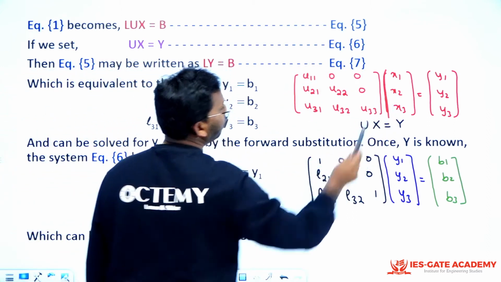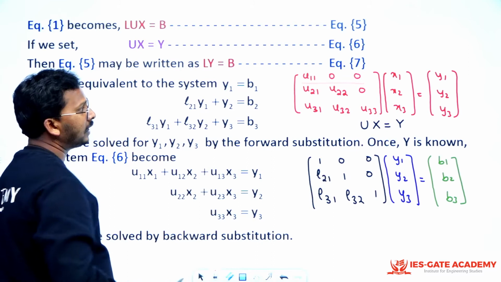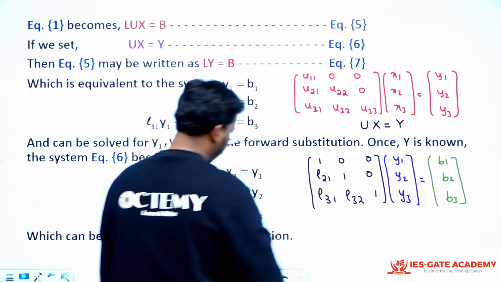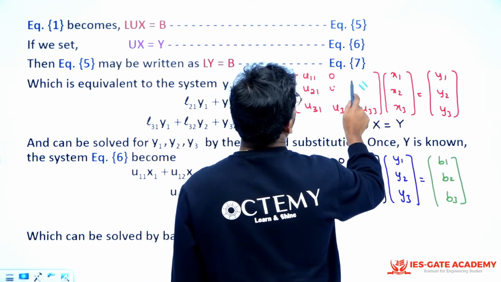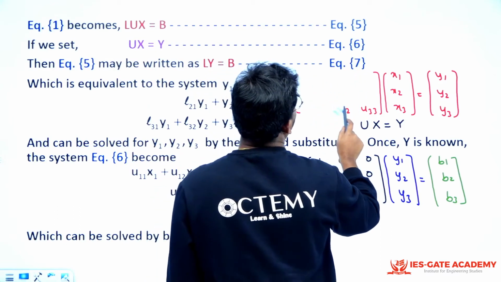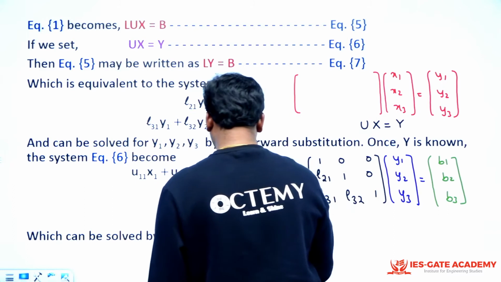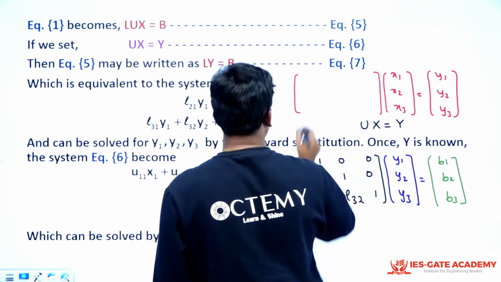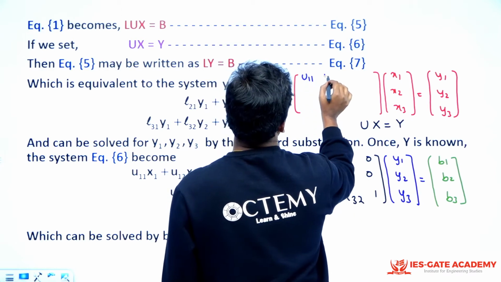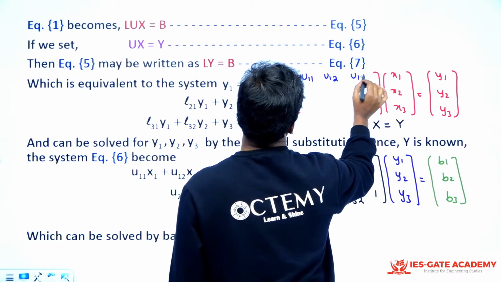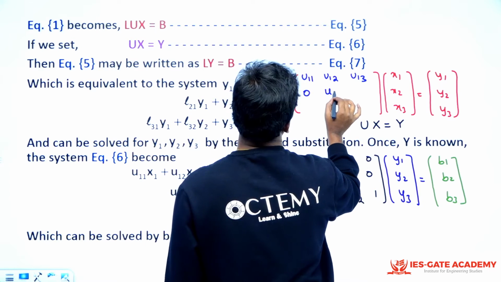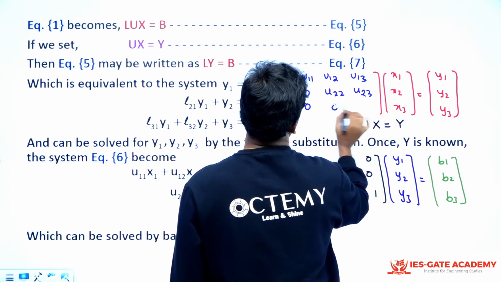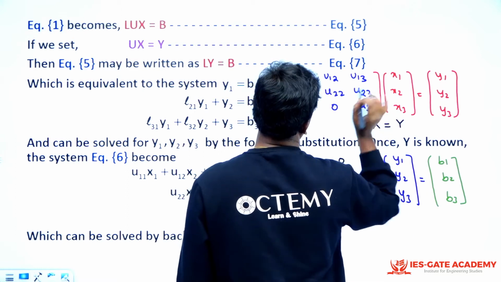This into this, if we do, what will we get? It's an upper triangular matrix, right? So this should be U11, this should be U12, this should be U13, this is 0, this is U22, this is U23, this is 0, this is 0, this is U33, right?